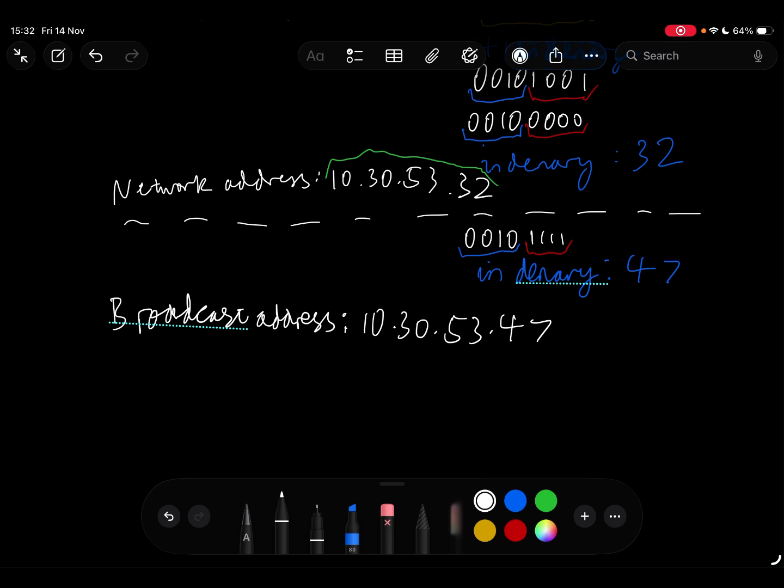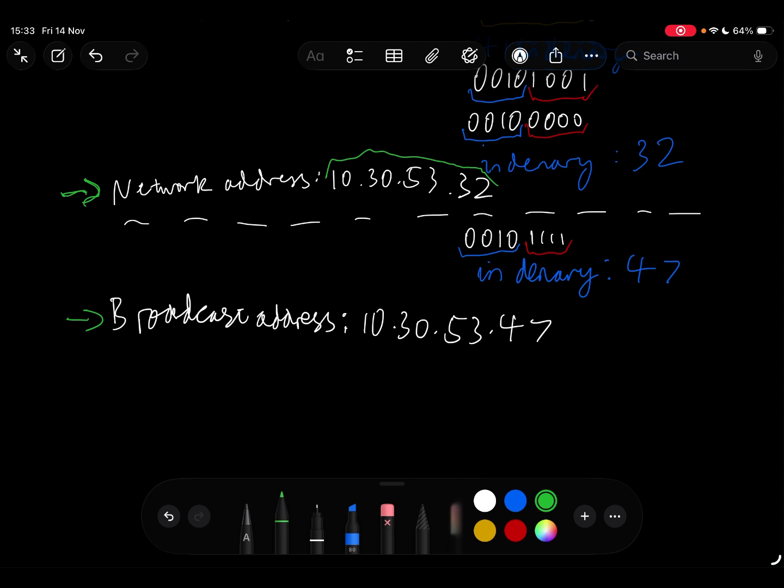And if we want to find the usable range, so the network range that is used by the hosts within the network, we have to take one away from each of these, because these two addresses are unusable by hosts on the network. They're reserved for the operation of the network.